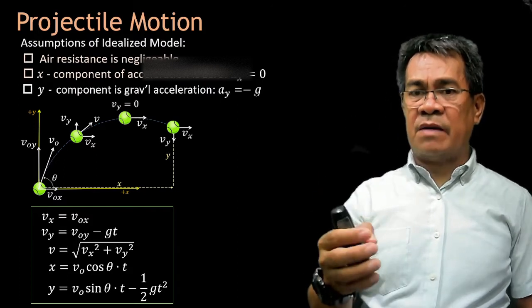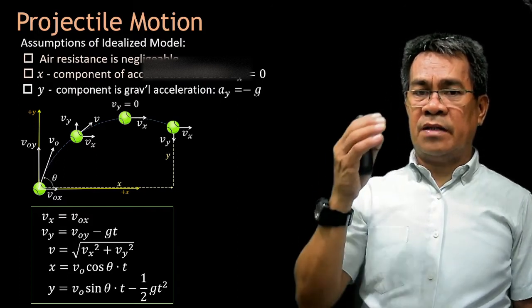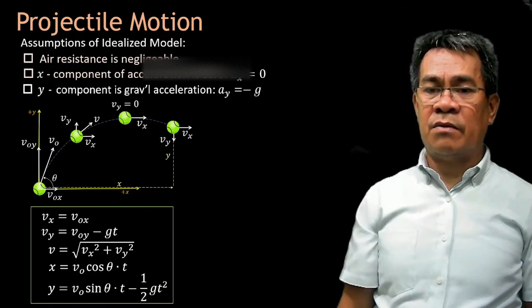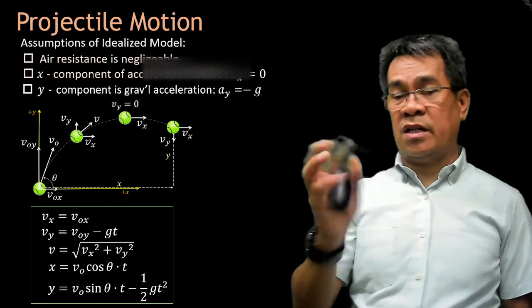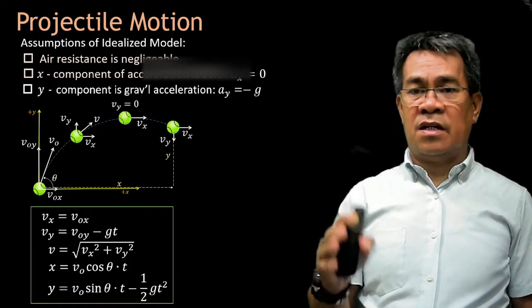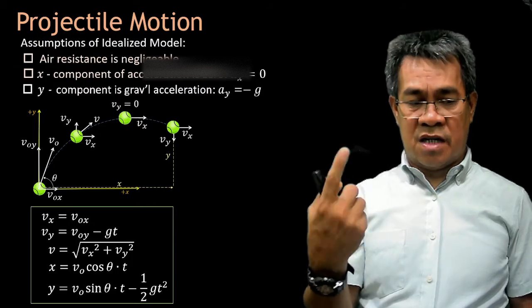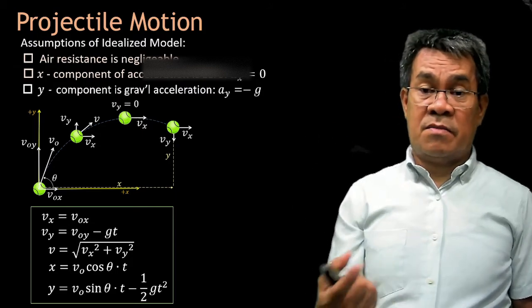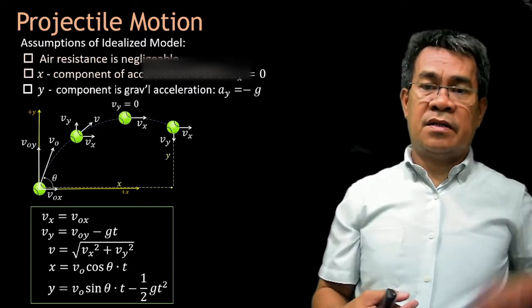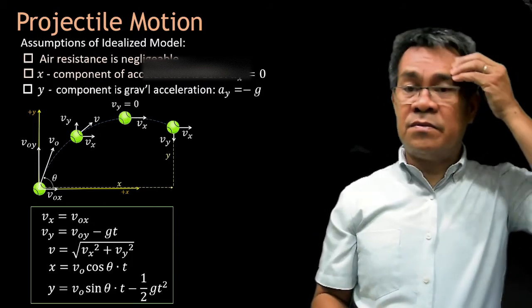That formula can be applied only if the problem qualifies for the idealized model of projectile motion, meaning we can ignore the effect of rotation of the particle and ignore the other forces that might be encountered by the particle as it moves.